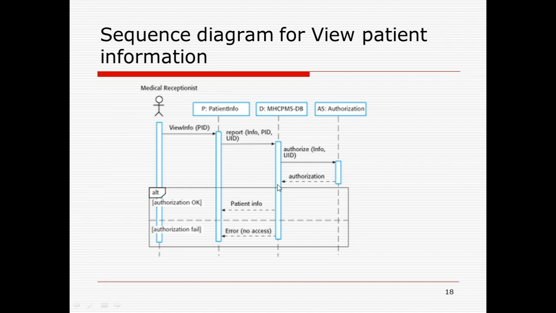If it is authorized, then that patient information will be sent back. Okay, so the patient information will be displayed on the system. If it is unauthorized, the person is not allowed to view the information, then an error message will be shown in the system terminal.